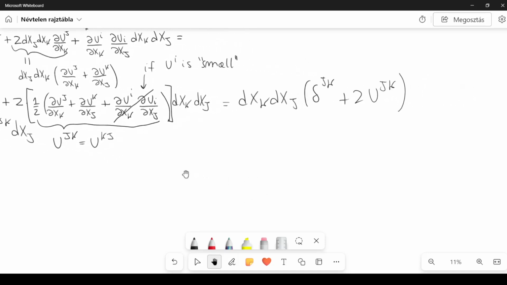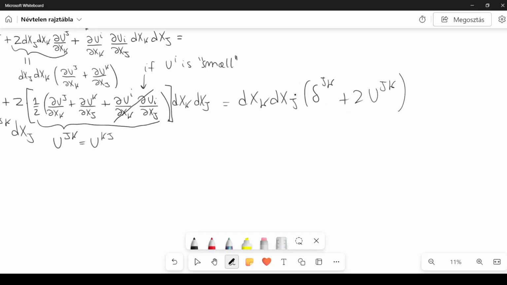Now, this object here, ujk, since it is symmetric, it can be made diagonal. And if you want also this overall tensor here, given by the sum between these two, that's still symmetric because the Kronecker delta is symmetric, and therefore this tensor here is also diagonalizable.